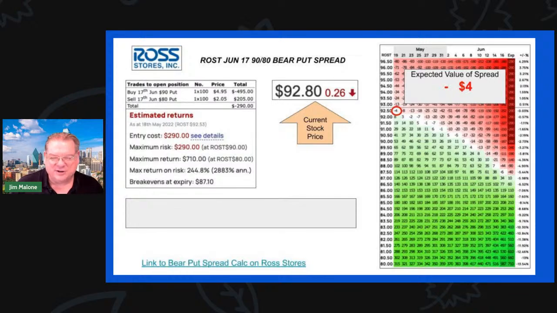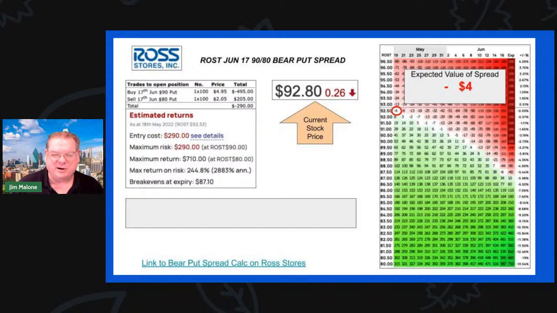Now, this is if the stock retreats, and it's got to retreat a fair way, but by looking at the situation with Target and Walmart, I kind of expect this may happen. If Ross drops to 80 and below and stays there, then I will be able to collect the entire 710 on this one. So that's almost a 3-to-1, not quite, about a 2.5-to-1 leverage on this as it moves down.